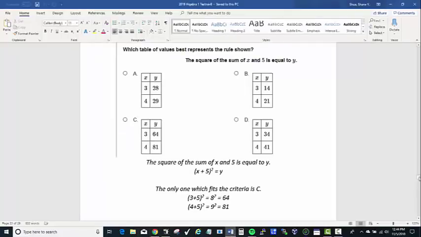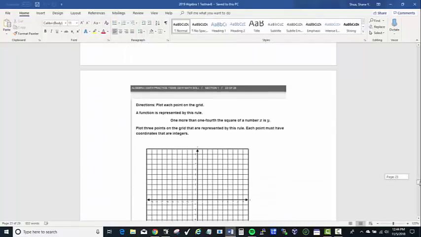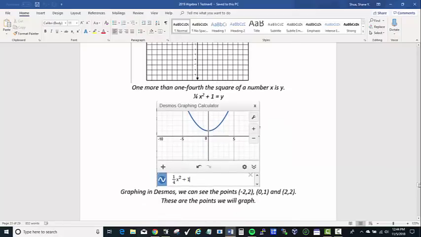All right, so one more than 1/4 the square of a number x is y. Here, 1/4 the square of a number, one more than that, equals y.